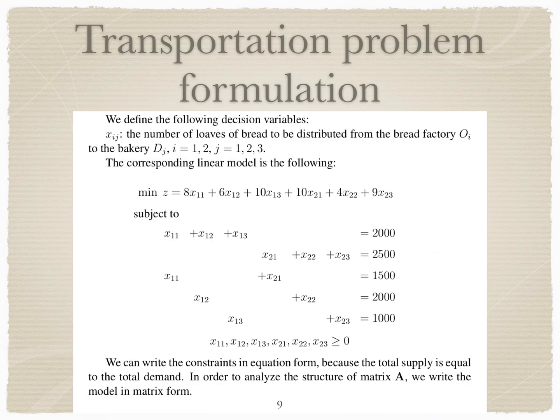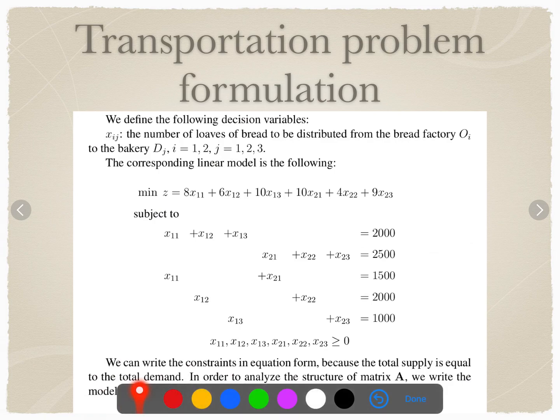We can express this bakery problem in a standard form, where the objective function is minimization of transportation cost, where 8 is the cost of transporting bread from the first factory to the first bakery.